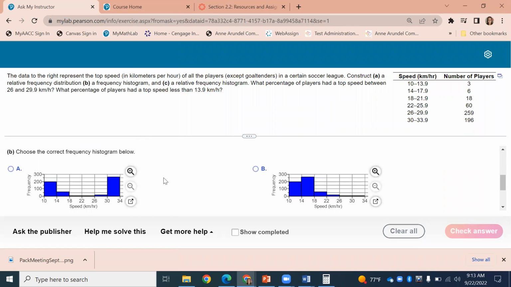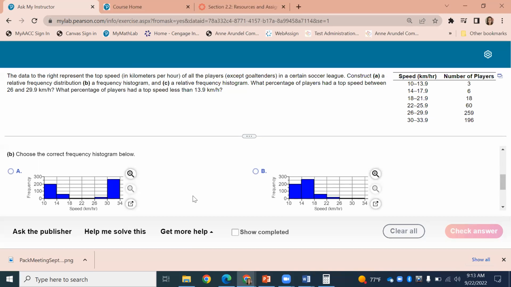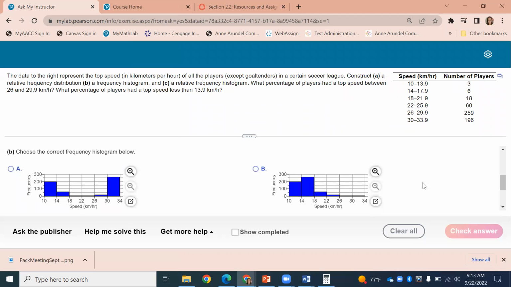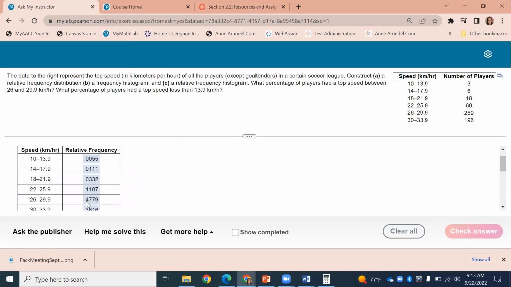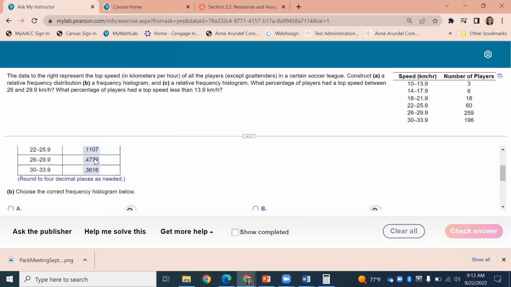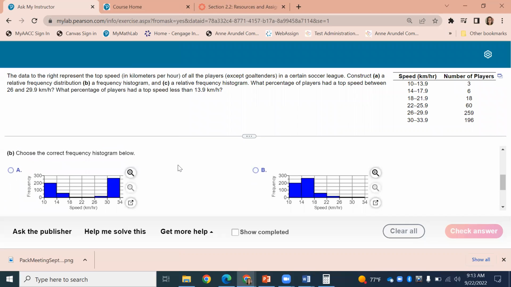Okay, so then the next section asks us to create the correct frequency histogram. So again, you have a few options. You can sort of just use the data to match up. Like we know, for instance, that this last section, the 26 to 29.9, should be the highest, followed by the next group.